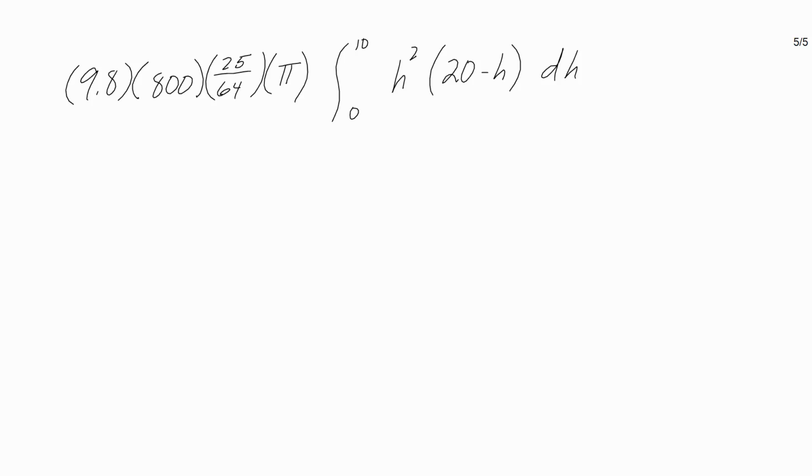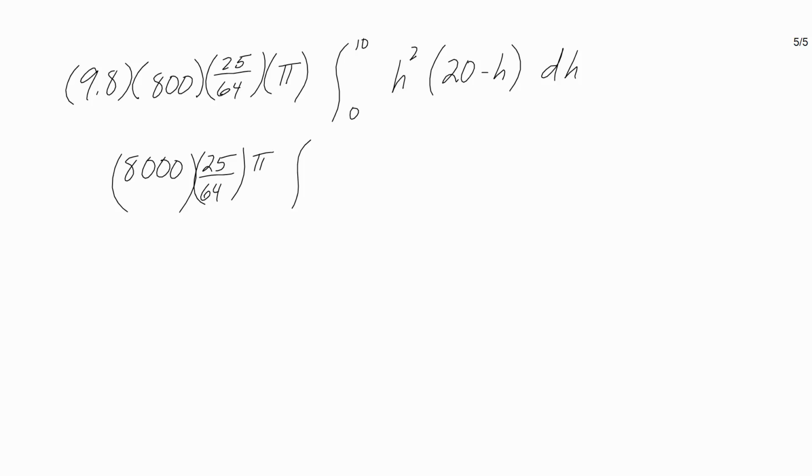I'm going to do a little bit of rounding because I don't have a calculator and I don't want to rely on one. So that's 8,000 times 25 over 64 times pi.